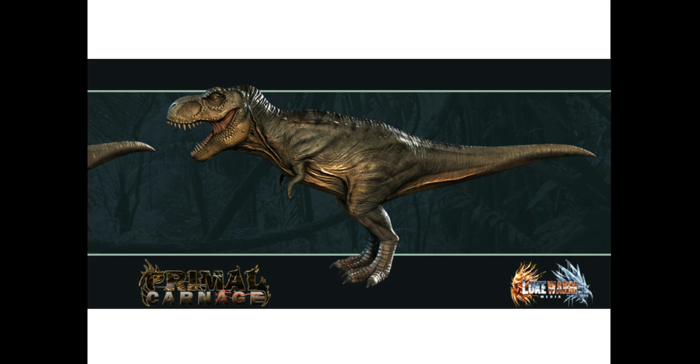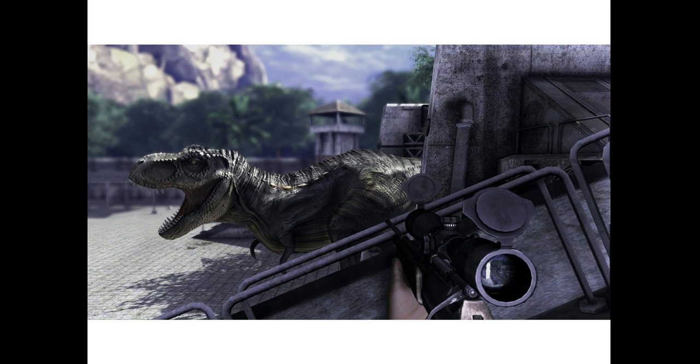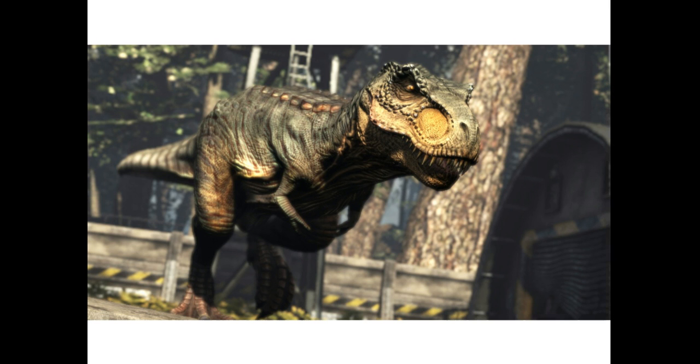Maybe the skin of this dinosaur is really over decorated, and there are maybe too many exaggerated details, especially at the bottom of the model.